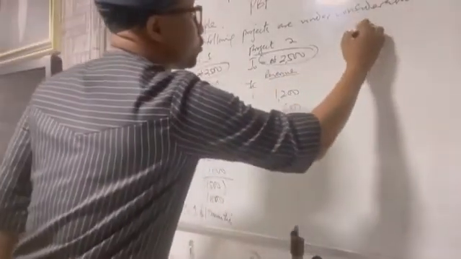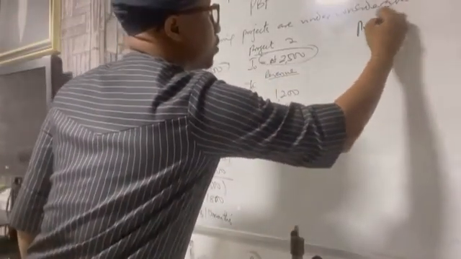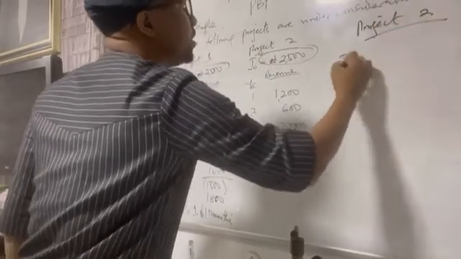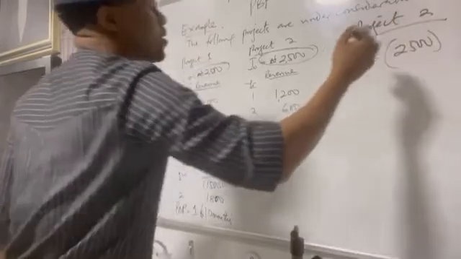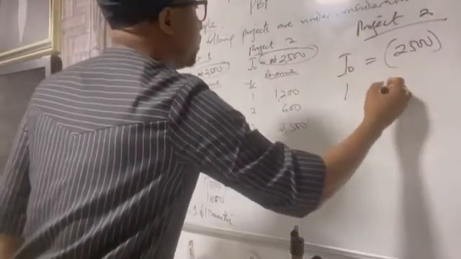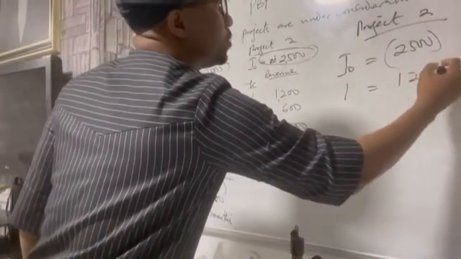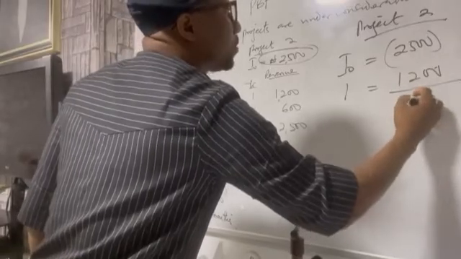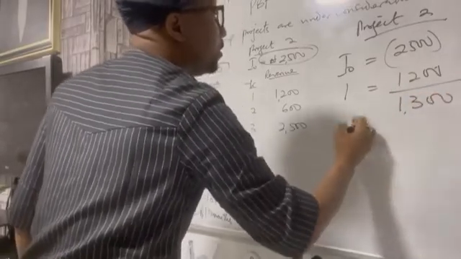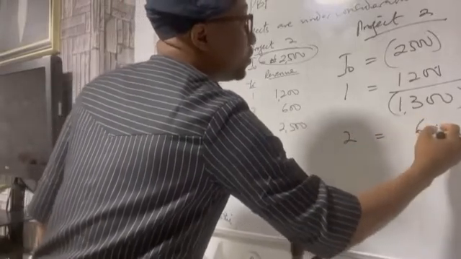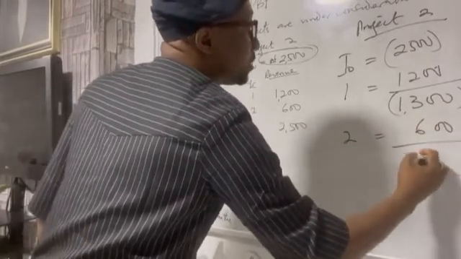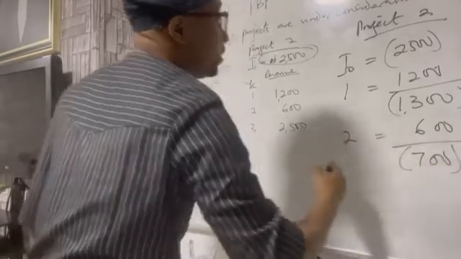Now for project 2. We have an initial cost of 2,500, and in year 1 we are able to recover 1,200. We have a balance of 1,300. In year 2 we are able to recover 600. We have a balance of 700.